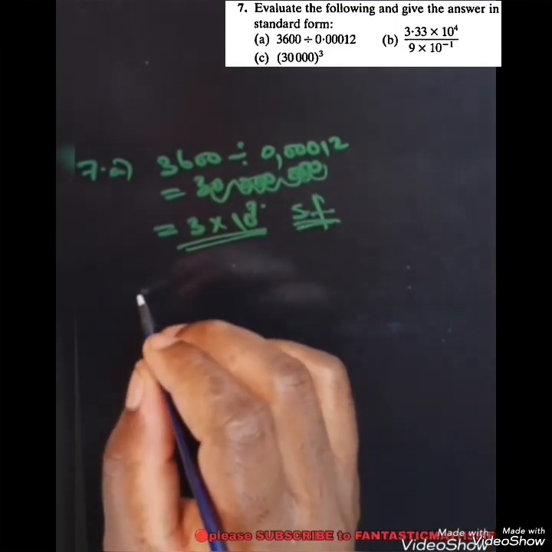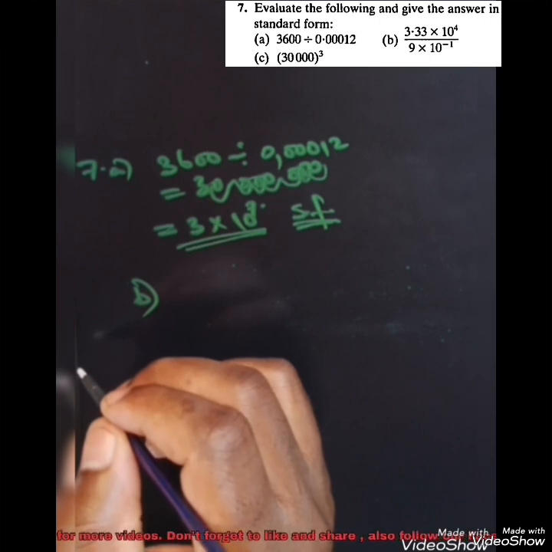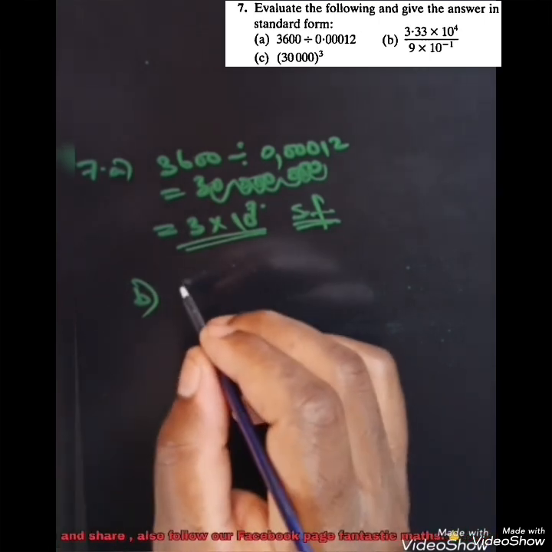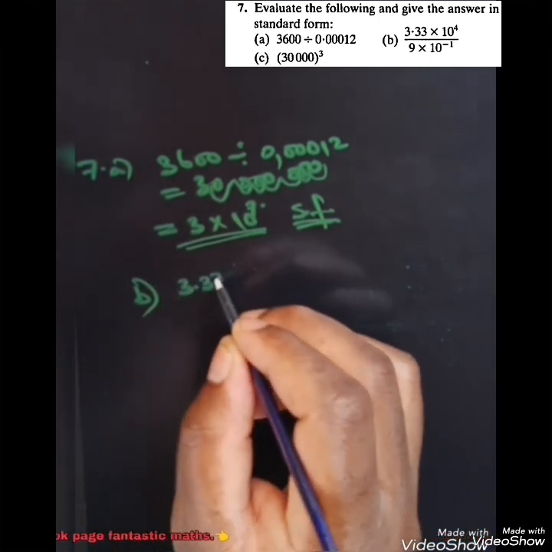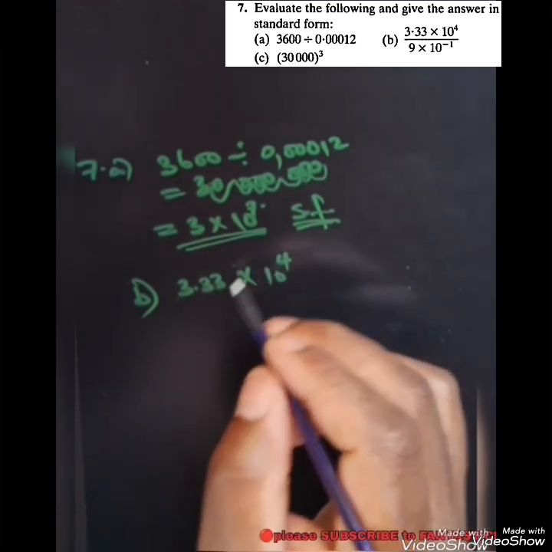Let's move on to part B: 3.33 times 10 to the power 4, all over 9 times 10 to the power -1.